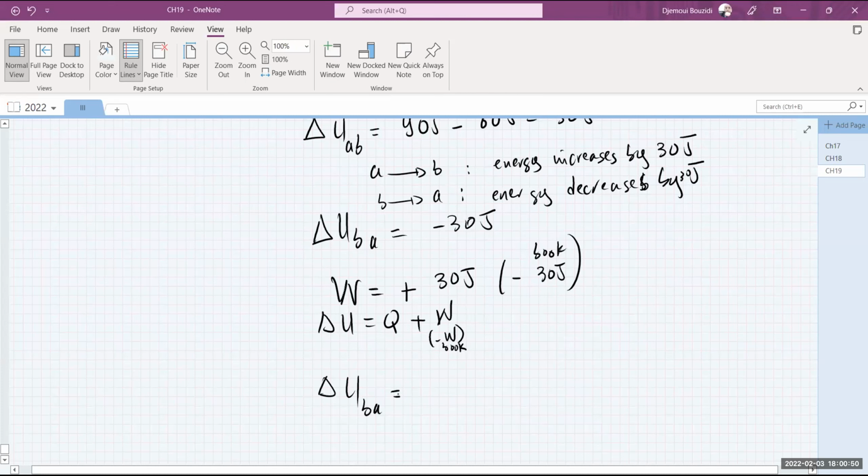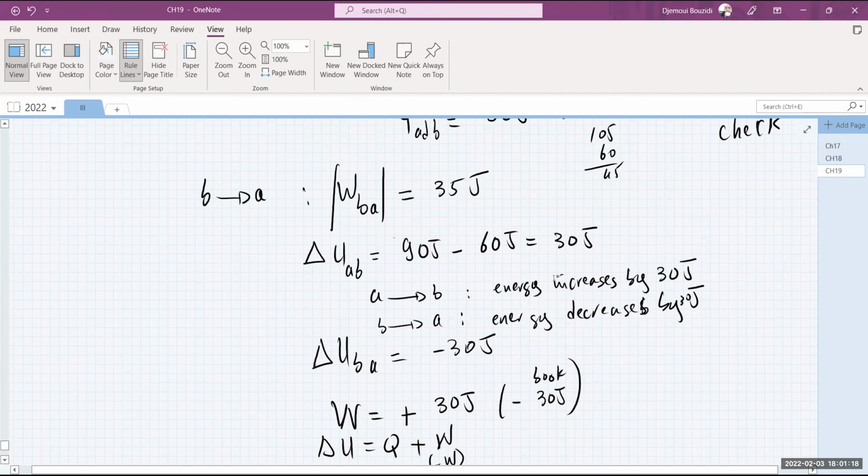Delta U BA is equal to Q going from B to A in this path, plus W. W is 30 joules according to us. According to the book, it's minus W. So from here, Q from B to A is equal to, I should label this one as BA also. Is it 30 joules?